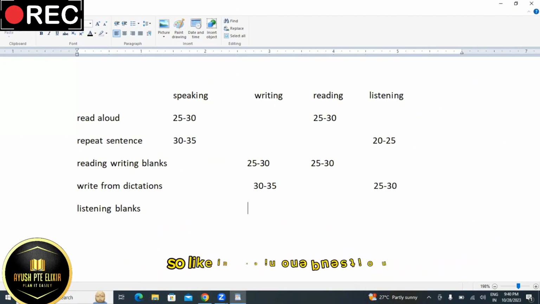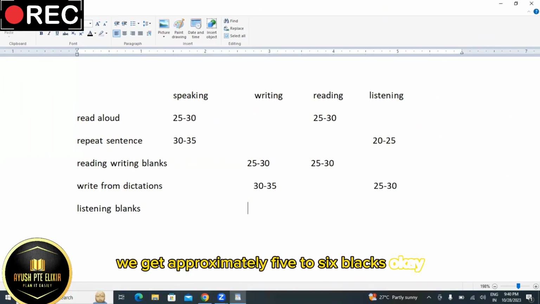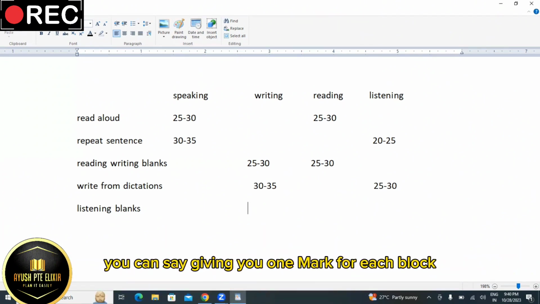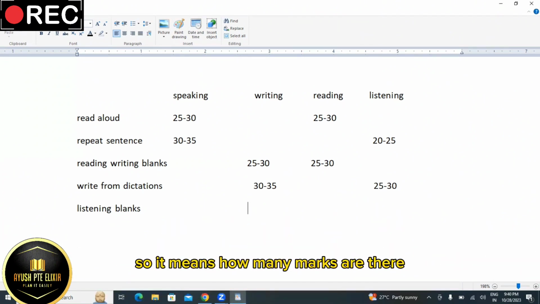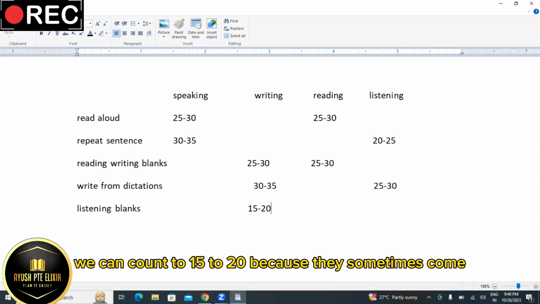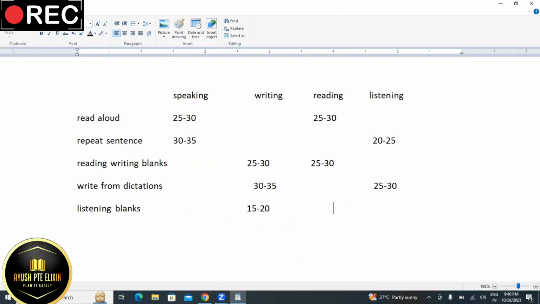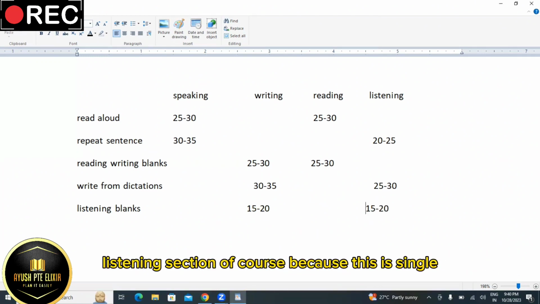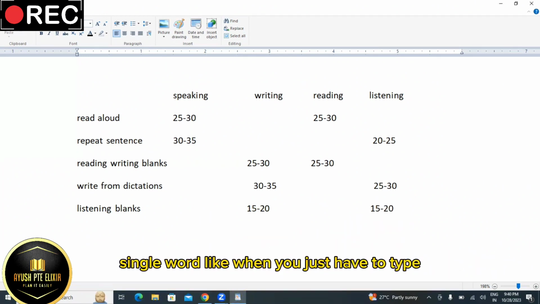In one question we get approximately 5 to 6 blanks, giving you 1 mark for each blank. So for 2 to 3 questions, that's 10 to 15 marks, and we can count 15 to 20 because they sometimes come 3 to 4 as well. It's a single word to type, so it gives you 1 mark in each.